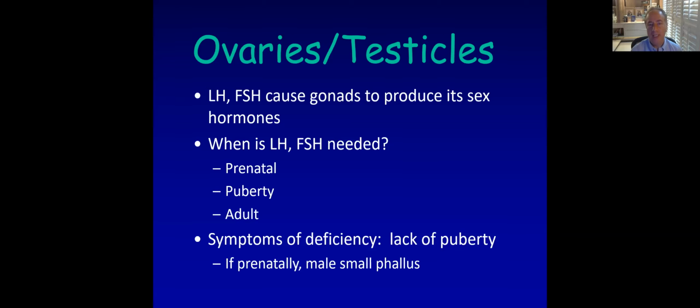So when are LH and FSH from the pituitary needed? Well, it's needed prenatally. That's why boys are born with a small penis if they have LH and FSH deficiency in utero. It's not needed after, let's say, age 1 to 10. So if you tell me I have a 5-year-old and I really want to know if he or she is going to have problems going into puberty, can you measure LH and FSH?